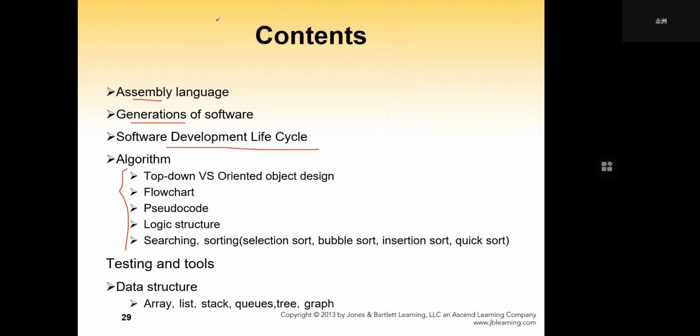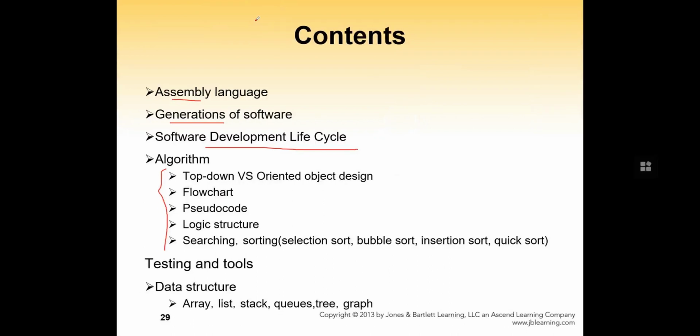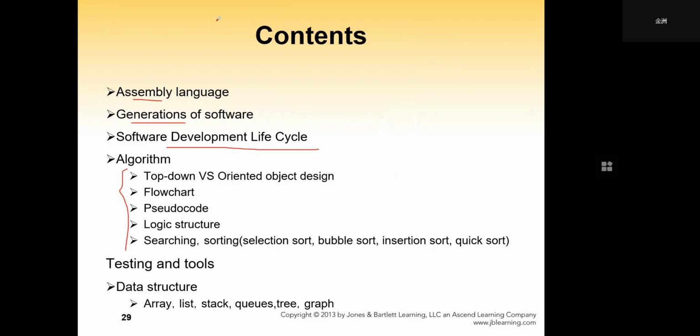You search for some numbers in an order, or you want to order a series of numbers or different items. Anyway, we are going to talk about several classic algorithms next class.